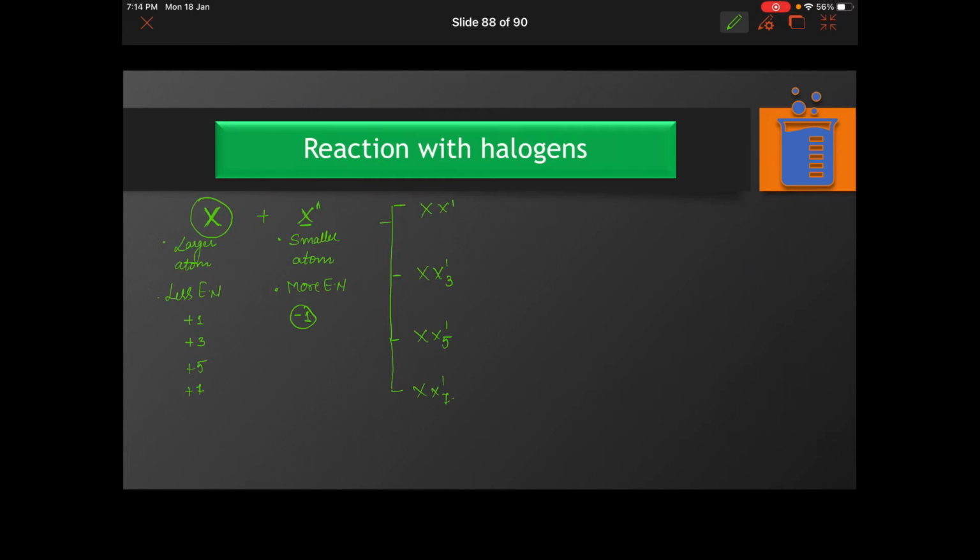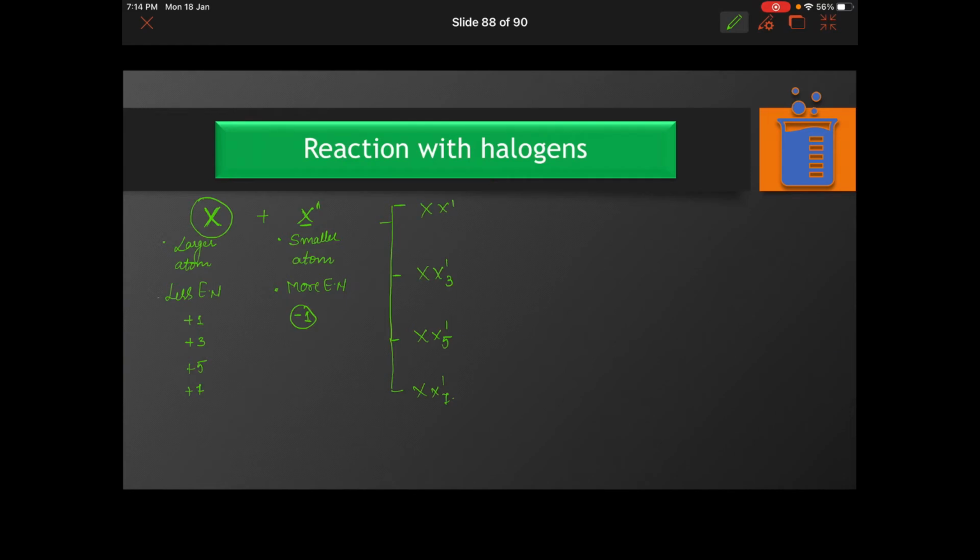So these are the forms of interhalogen compounds which are possible. Correct? Very simple, very easy. Now you need to understand that all these forms will not be possible for all the halogen atoms, right?